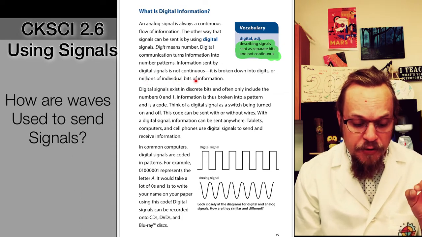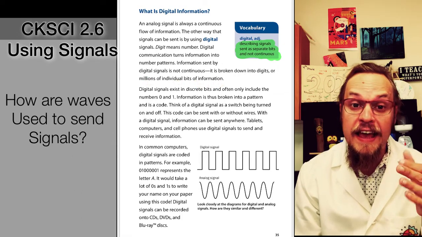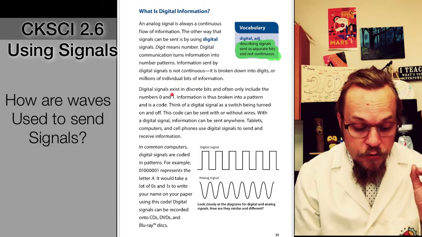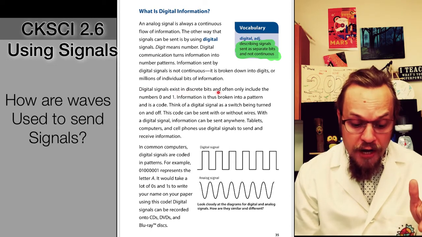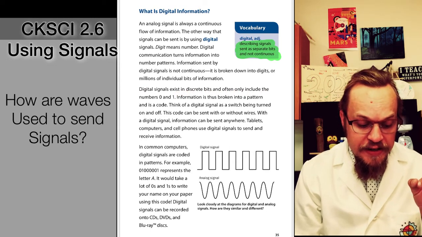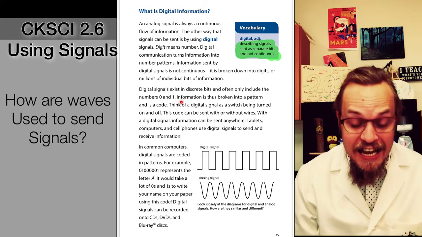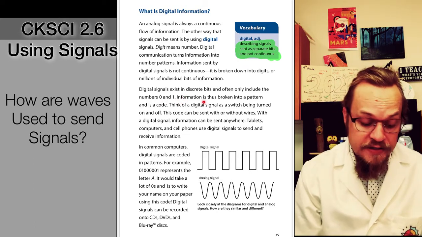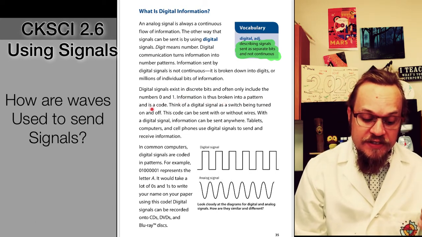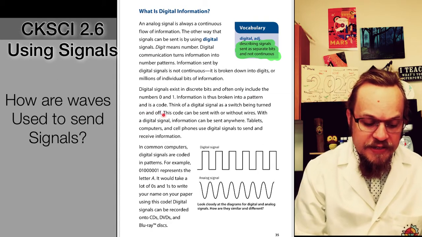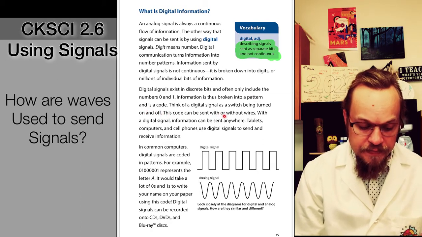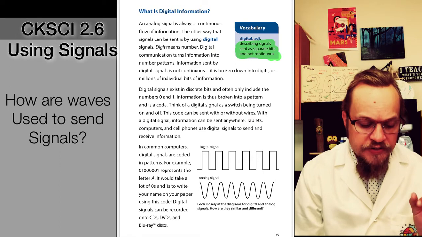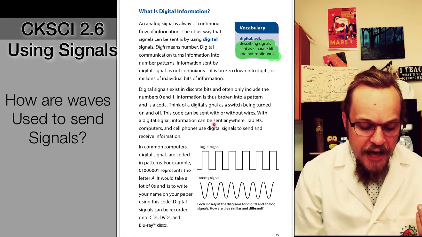Information is thus broken into a pattern and is a code. This code can be sent with or without wires. With a digital signal, information can be sent anywhere. Your tablets, your computers, and your cell phones use digital signals to send and receive information. In common computers, digital signals are coded in patterns.